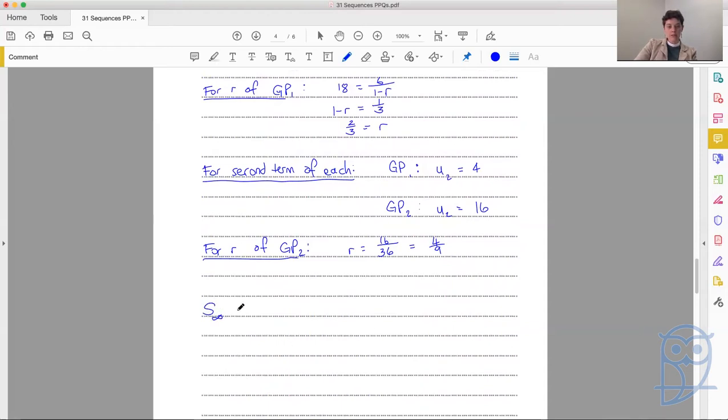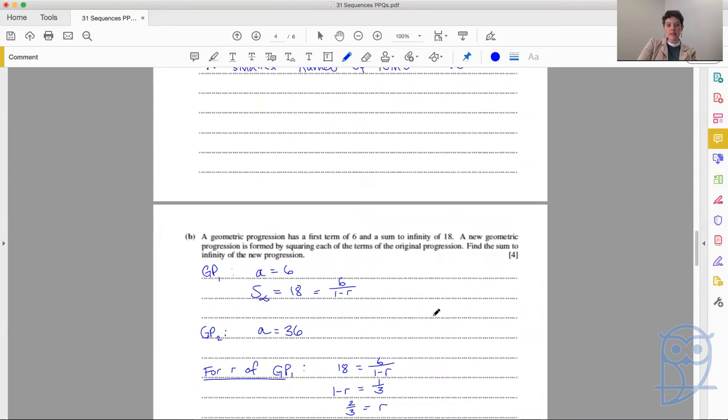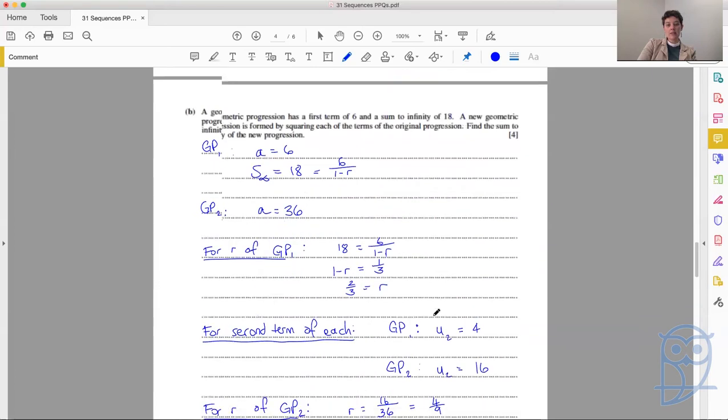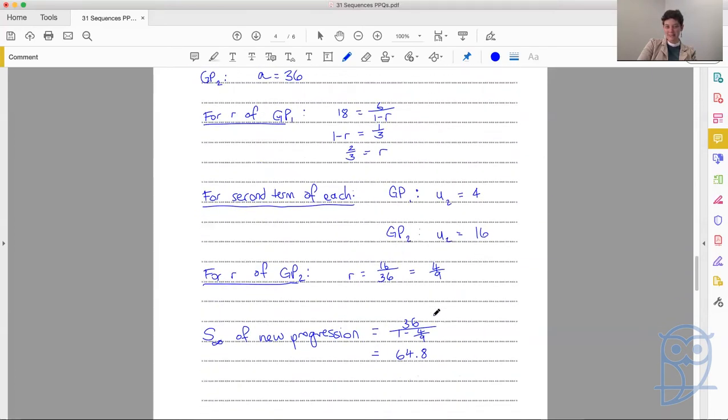So sum to infinity of the new progression equals 36 over 1 minus 4 over 9, which equals a very complicated number, 64.8. So our final answer, as a decimal in this case, there's no big fraction work in any part of this question, and 64.8 is lovely and neat. So we leave it as it is.